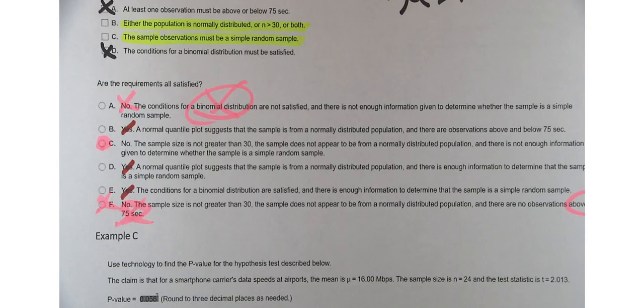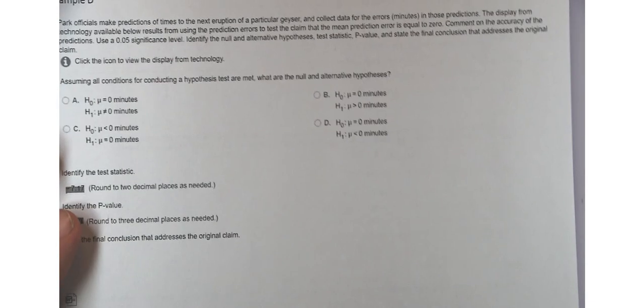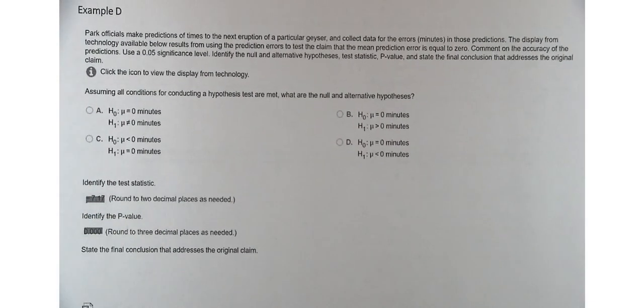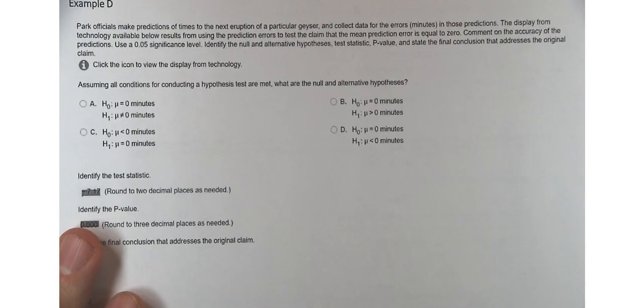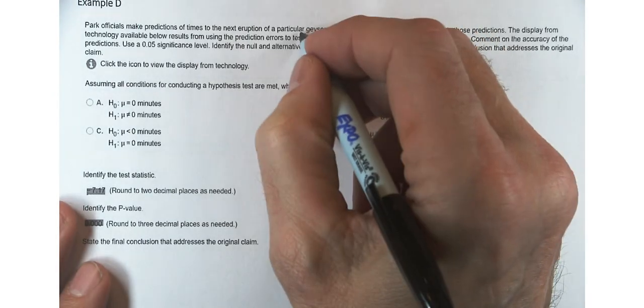Let's skip over this for just a minute, and maybe we'll come back to that if we can. And actually do a test for example D. I'm going to veer off of this a lot. In particular, park officials talking about an eruption of a particular geyser. There's really only one geyser that people could be thinking of here.